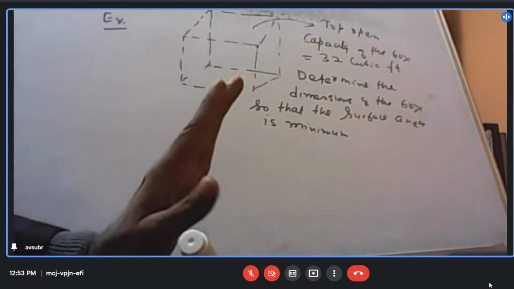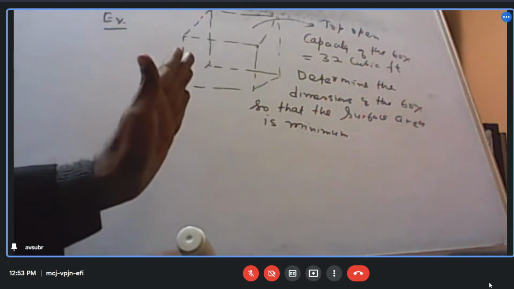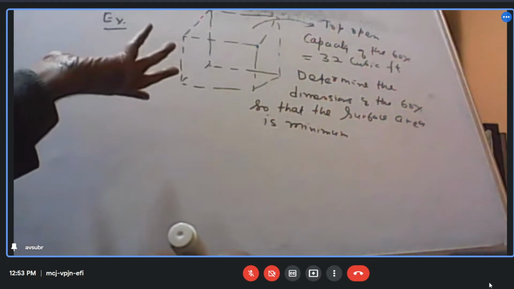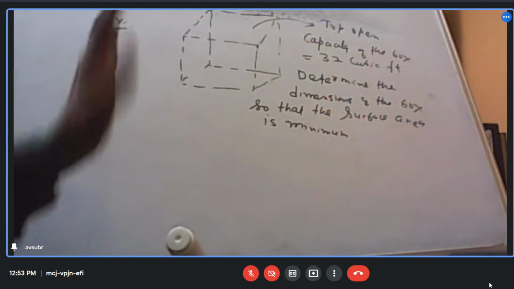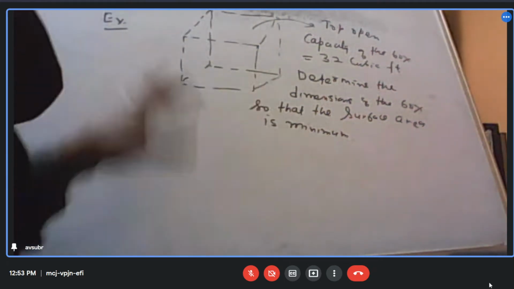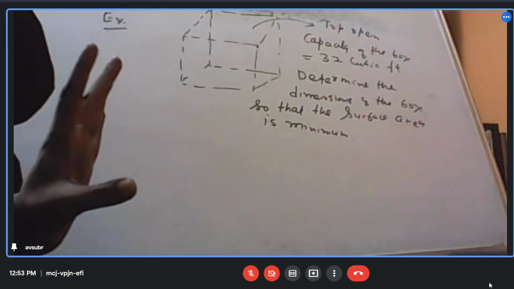How many sides are there intact? Five. Top one is open. Okay, yes, sir. So this is what we have to make, this kind of box.